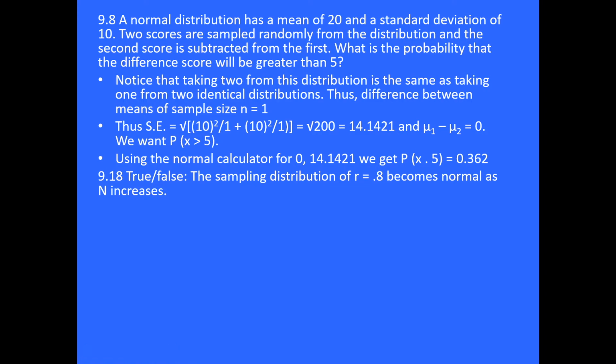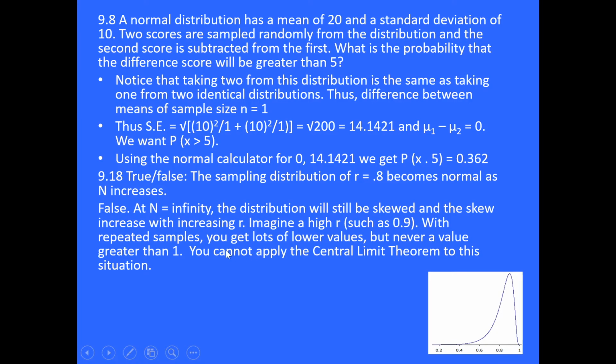All right, let's take a quick look at question 18. So 18 is one of these true-false questions. Now remember, when you're working through these exercises, anytime you get something with an answer that's false, I want you to go back to the question and say, how could I change this to make it true? Okay, so the sampling distribution of R equals 0.8 becomes normal as n increases. Okay, this is false.